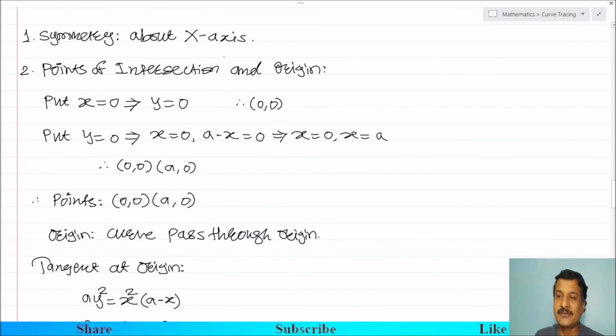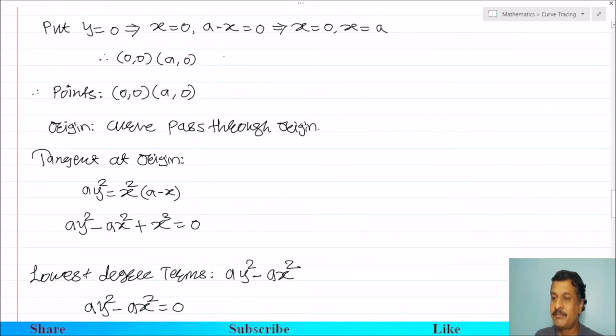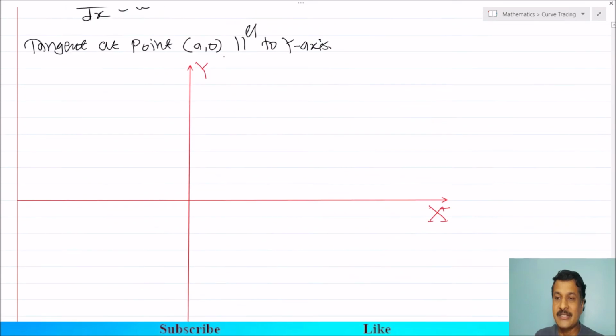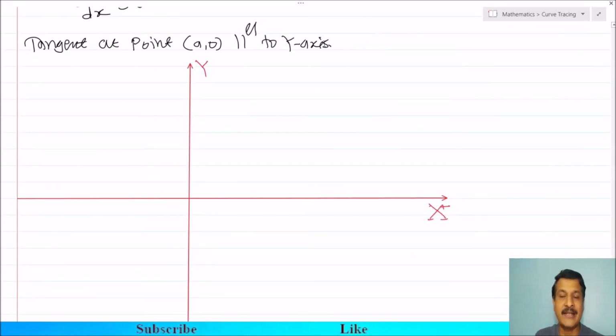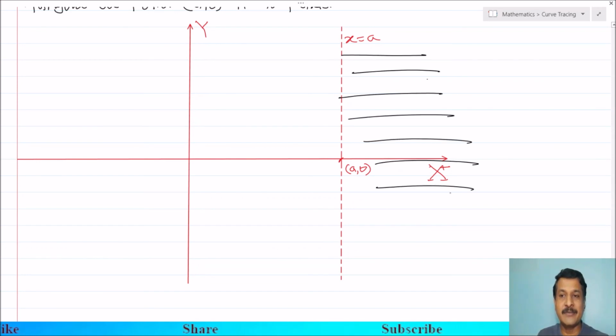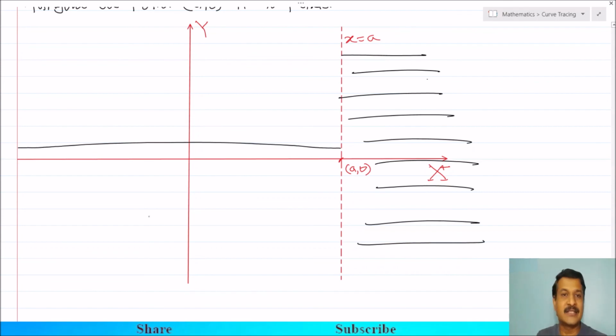So above the x-axis we have to draw or trace the curve. Then the region of absence: here x is greater than a, so you consider the boundary x equal to a line. Suppose this is the x equal to a line, meaning this point is (a, 0). The curve does not exist beyond this. It means that the curve exists from the (a, 0) point to minus infinity.